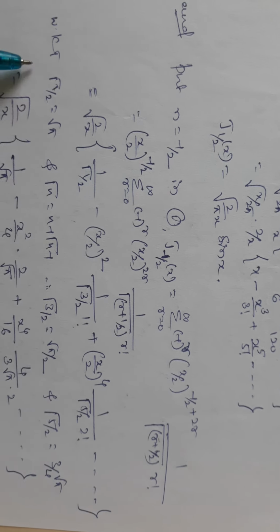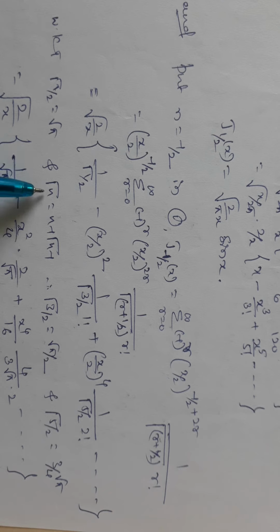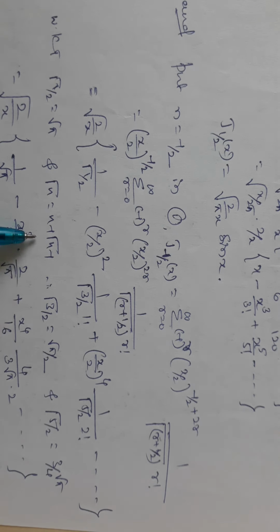And using the definition of gamma function, that is gamma of n equal to n minus 1 into gamma of n minus 1, and also we have the standard value gamma of half is root pi, and using the definition we have gamma of 3 by 2 is root pi by 2 and gamma of 5 by 2 is 3 root pi divided by 4.